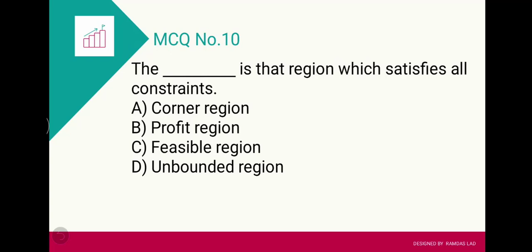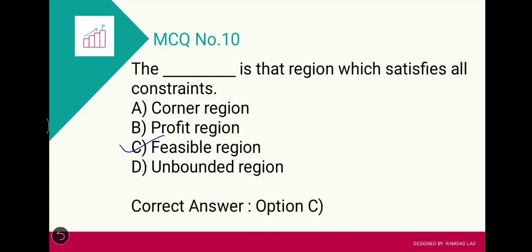So here the correct option is option C, feasible region, which satisfies all the constraints. The shaded region given in the graph is called the feasible region. Correct answer is option C.